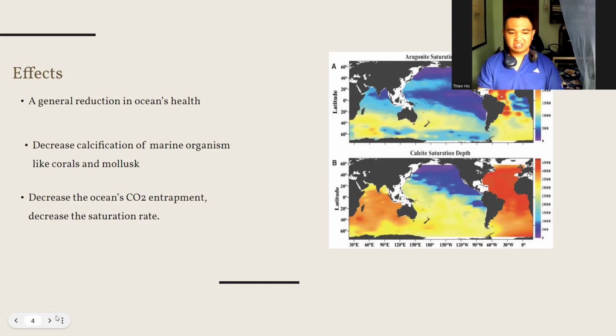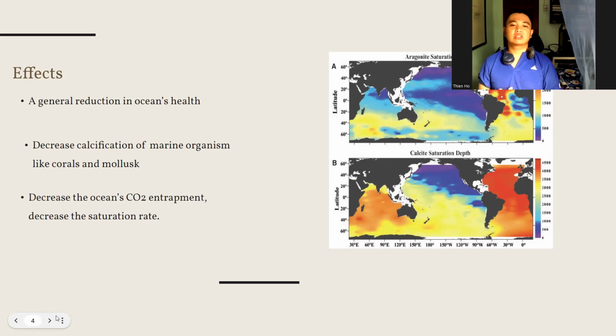By increasing the CO2 level dissolved in the water, some species, especially calcifying marine organisms, are more sensitive to that. We will get back to this topic later. So this means that biodiversity is affected, the food chain is affected, and zooplankton is also affected as well.